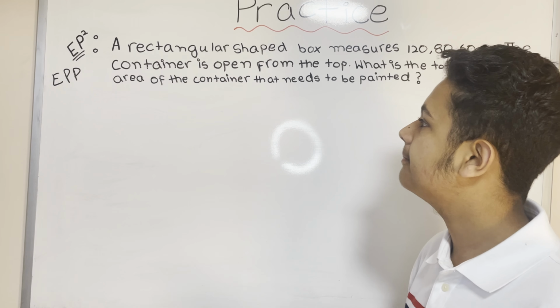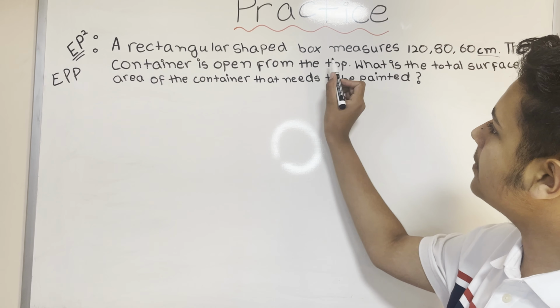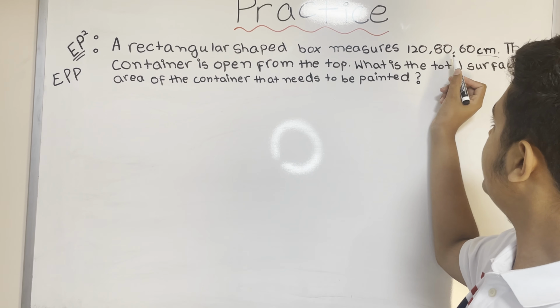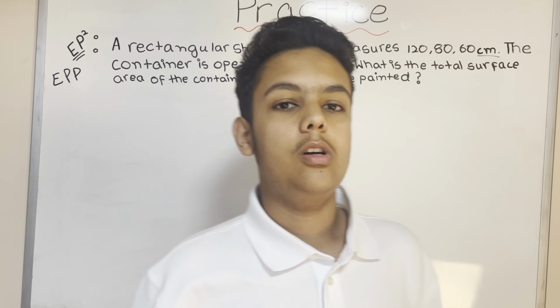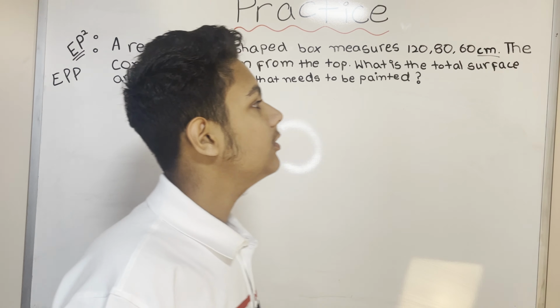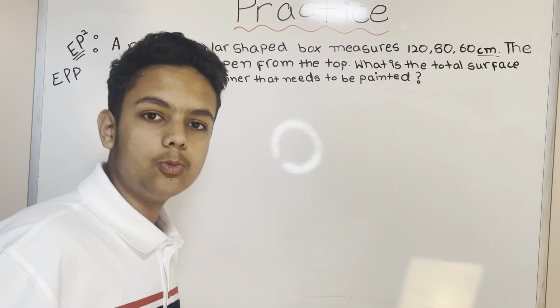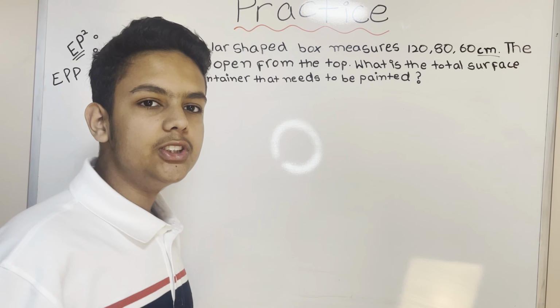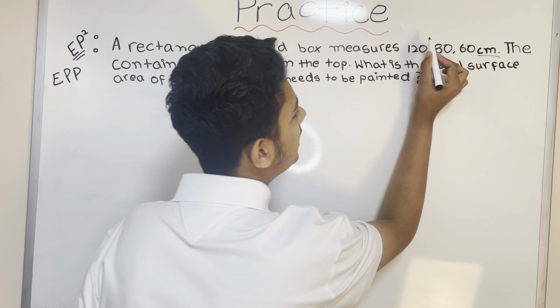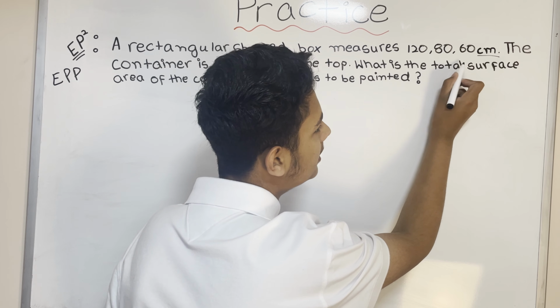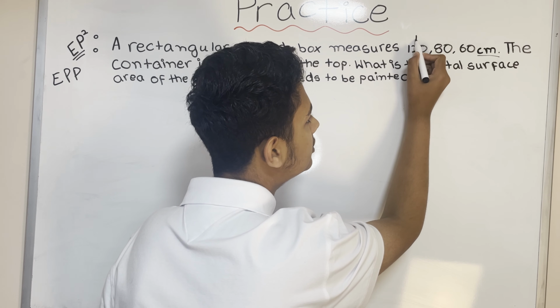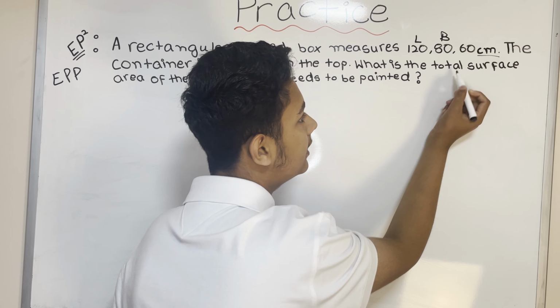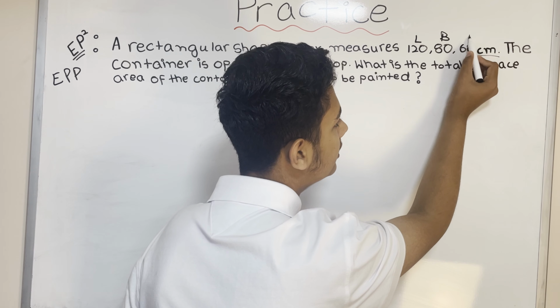We have a word problem here. A rectangular shaped box measures 120, 80 and 60 centimeter. Now one thing I would like to clear is whenever they give us the measures in 3 different columns and they don't tell us what's length, what's width, what's height, we can just imagine it's LBH, because if it's just commas and the numbers, the first one is going to be the length, the second one is going to be the breadth, and the third one is always going to be the height.